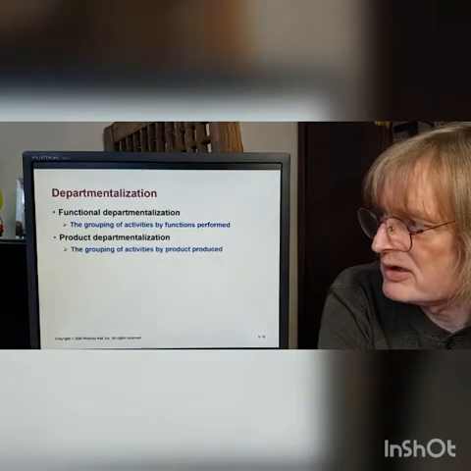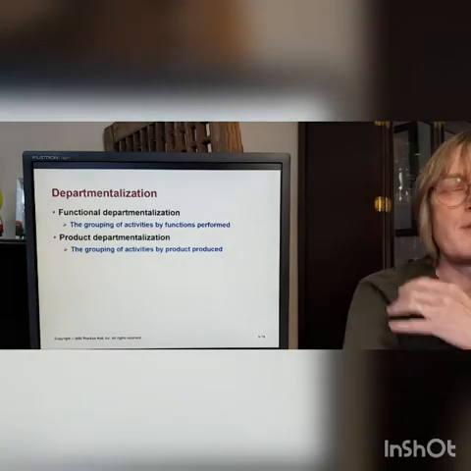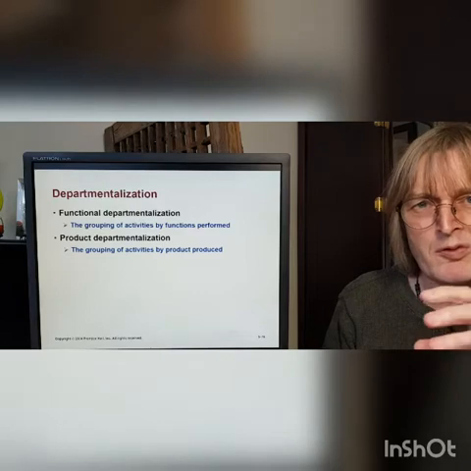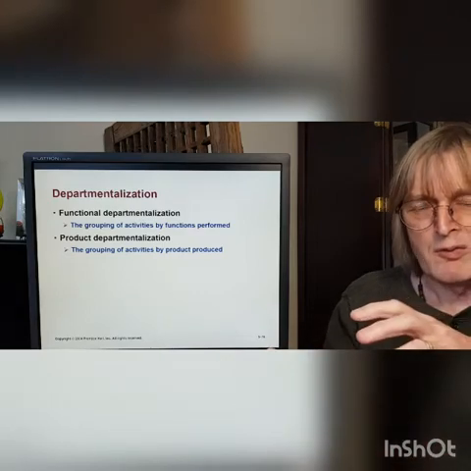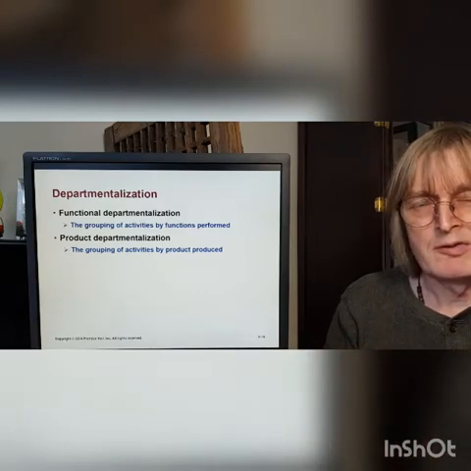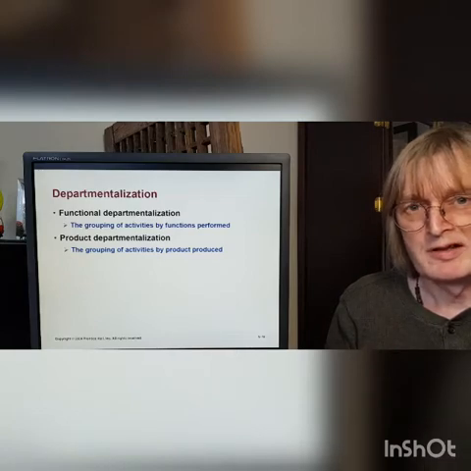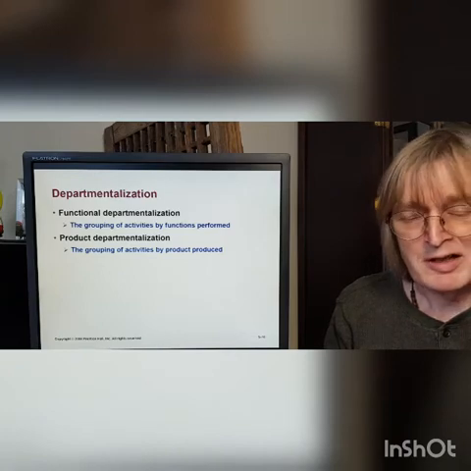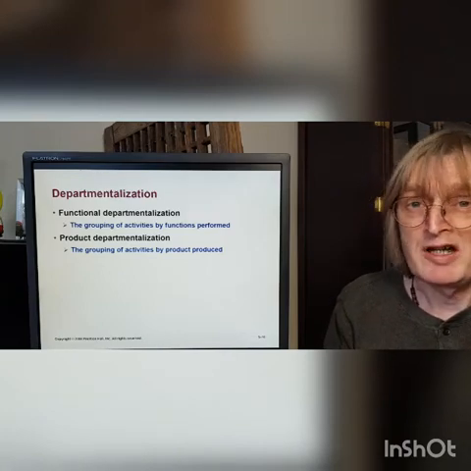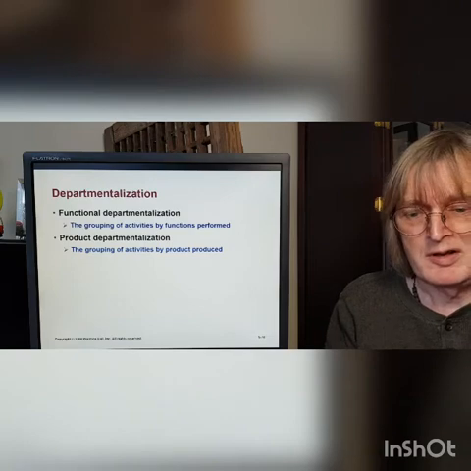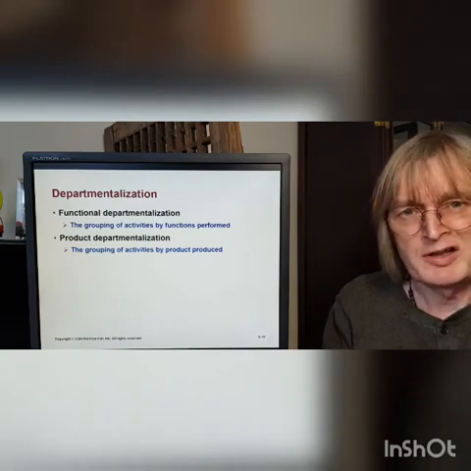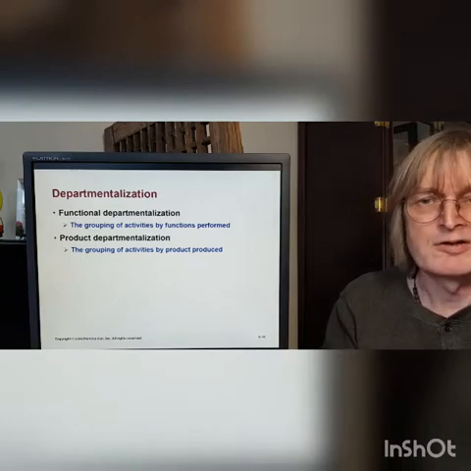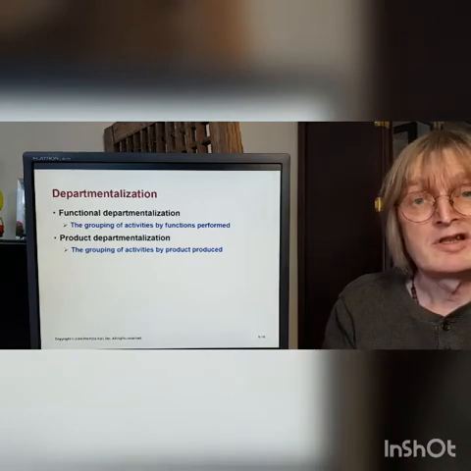If we look at the product way of splitting up, this is where we organise it so that people working on one particular kind of product work in one department or one unit. So if we look at a company that makes electrical goods, you might have the people who work on kitchen appliances, washing machines, rice cookers, all in one department.